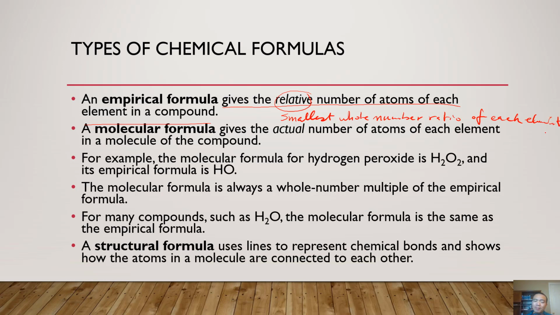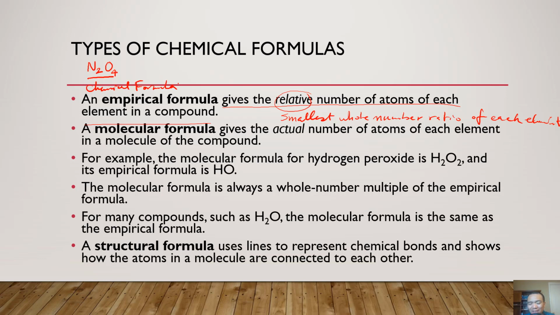So for example, if you have a formula that looks like this one, N2O4, apparently it's not the most simple ratio. Let's say that's the chemical formula, which tells you in this formula, you have 2 nitrogen atoms and 4 oxygen atoms.